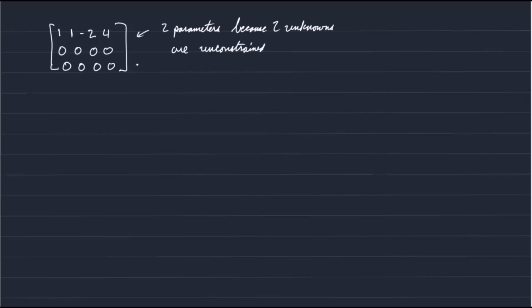The bottom row, where we would normally determine x3, tells us nothing about x3. Likewise, the second row, which normally tells us about x2, fails to do so.